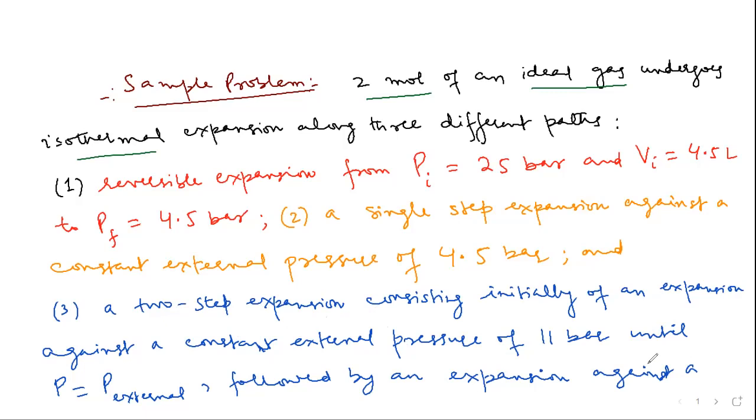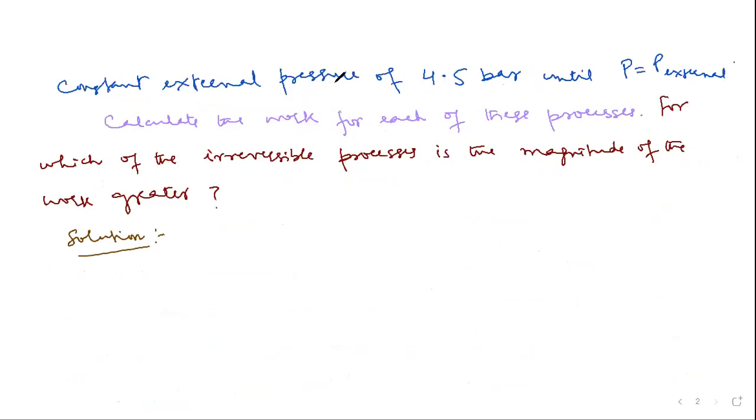Then it is followed by another expansion against a constant external pressure of 4.5 bar until gas pressure becomes external pressure. P stands for here gas pressure. P external is the external pressure. Now we are supposed to calculate the work for each of these processes, 3 paths. And second thing, we have to check for which of the irreversible processes, second and third one are irreversible processes, is the magnitude of work greater, right?